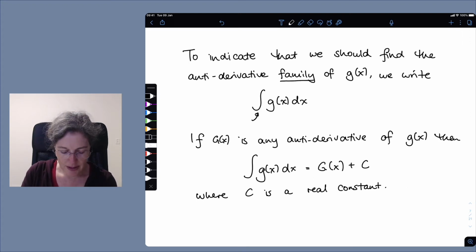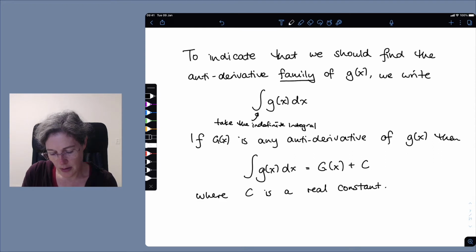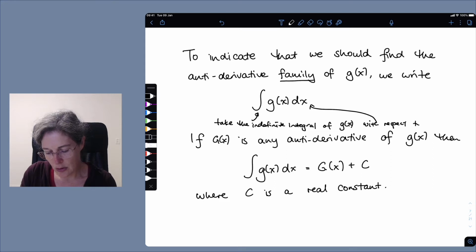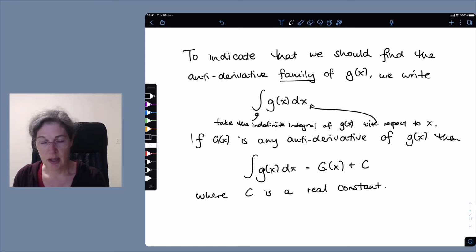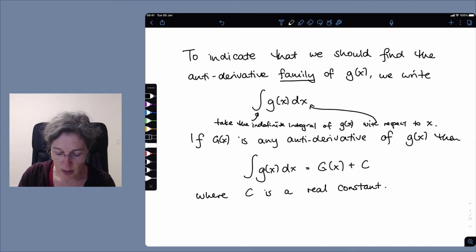So this funny thing here says, take the indefinite integral of little g of x, and then finishing off over here, we've got with respect to x. So this is a lot like the notation that we have for the derivative, which would say something like, take the derivative with respect to x of f of x.